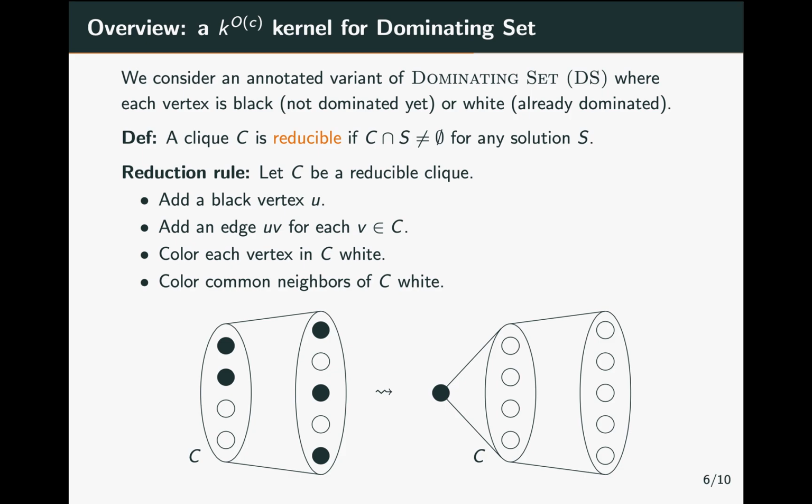Intuitively, this new vertex U is going to ensure that in the reduced instance, the solution must contain some vertex of C.